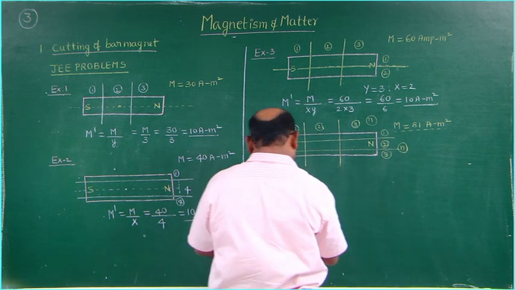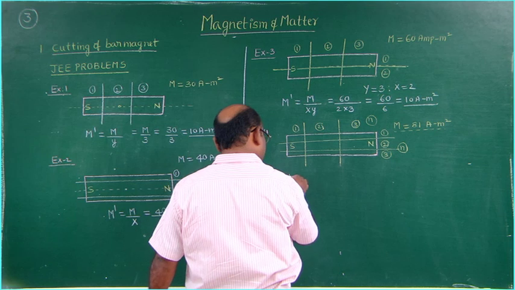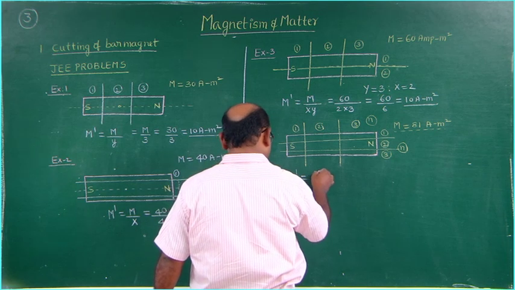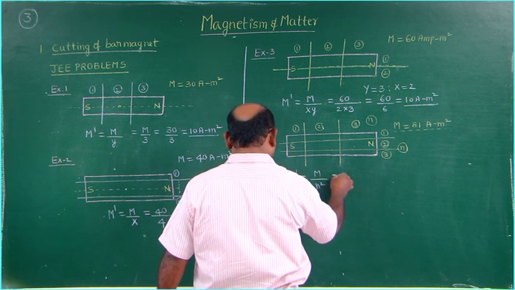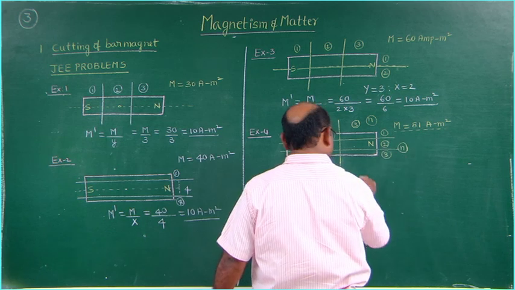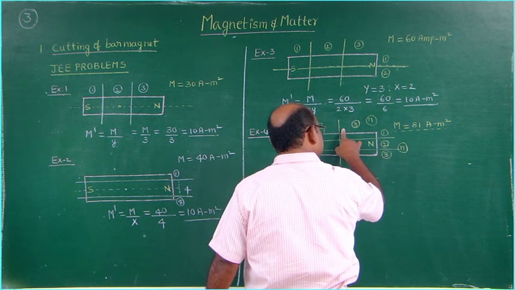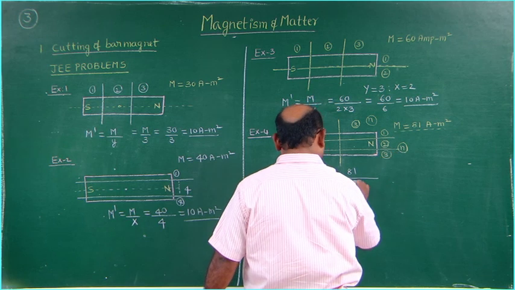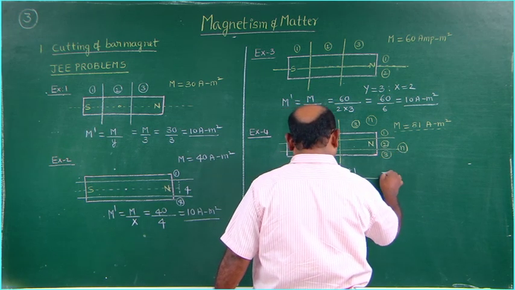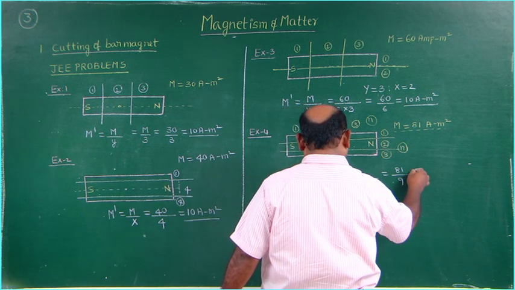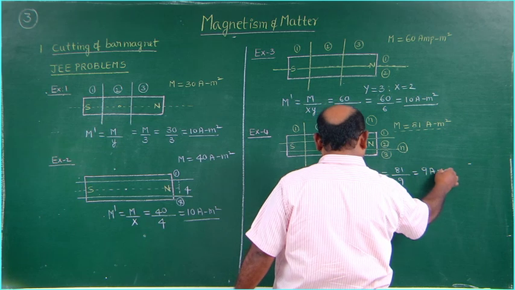I said the formula for the new magnetic moment: m dash is equal to M by n square. M is 81, and n is 3 pieces along x and 3 pieces along y, so 3 square. Therefore it is 81 by 9, so 9 ampere meter square.